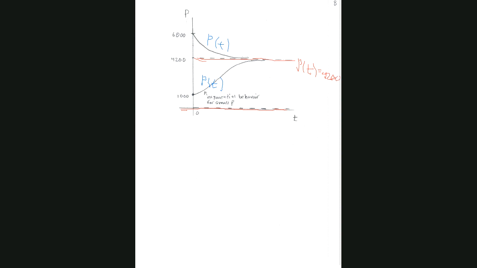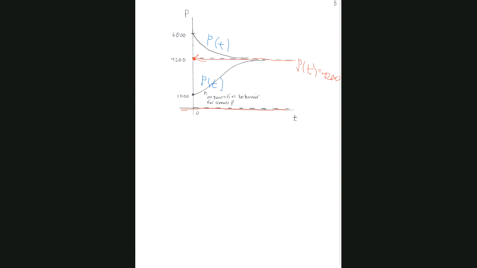And this means that if your initial population, let's say it's the deer population in Gaithersburg, okay? We've all seen deer running around in different places. Let's say the deer population were at 4,200. Based on the differential equation that we have, if the deer population is initially at time 0 equal to 4,200, then it stays at 4,200.